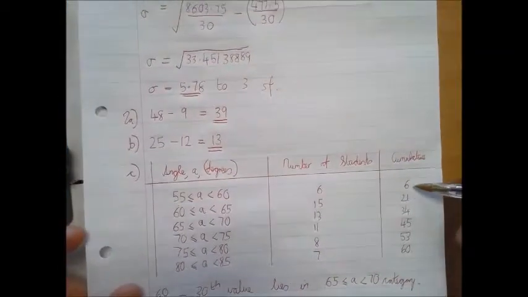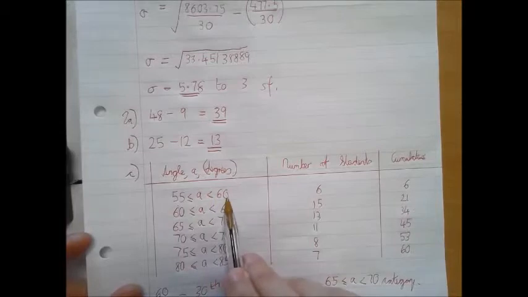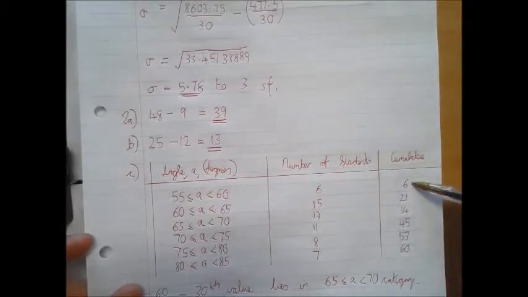Okay, so again we draw our diagram. We know the 60 will be the 6th value, between the 6th value and the 21st value. And of course we're after the 15th.